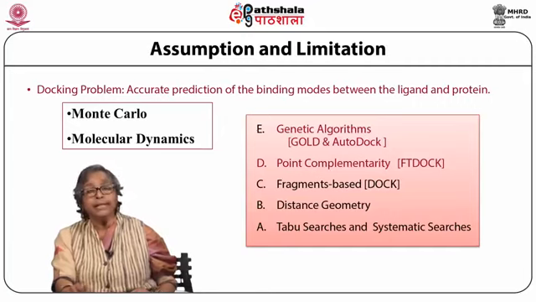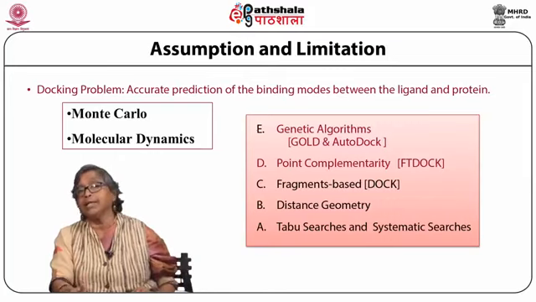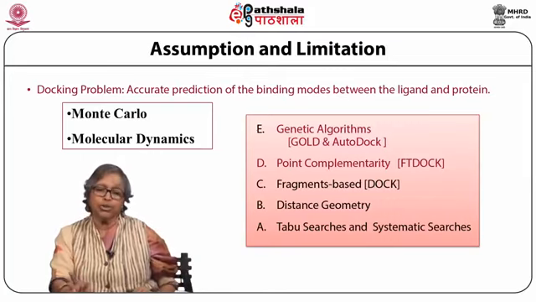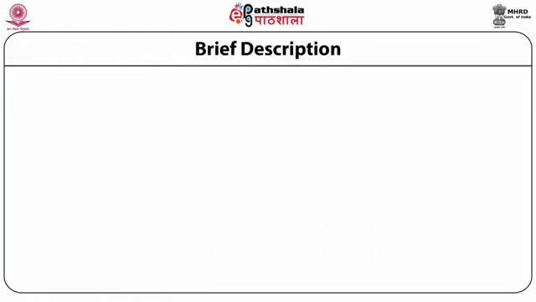Genetic algorithm is the most recent development and has been utilized, and the most popular software called AutoDock is based on the genetic algorithm. I will now go through quickly a description of each one of them, which I have described in the earlier slide.